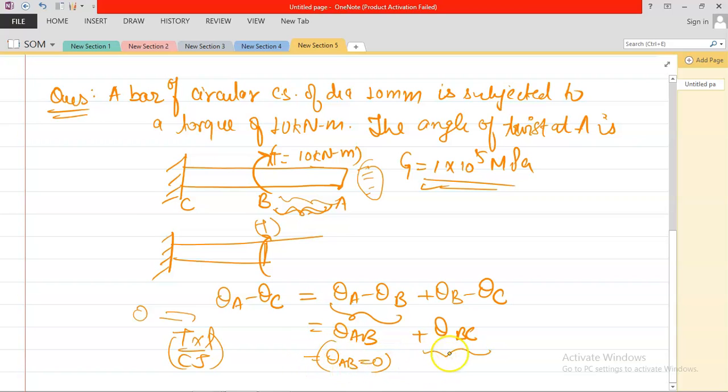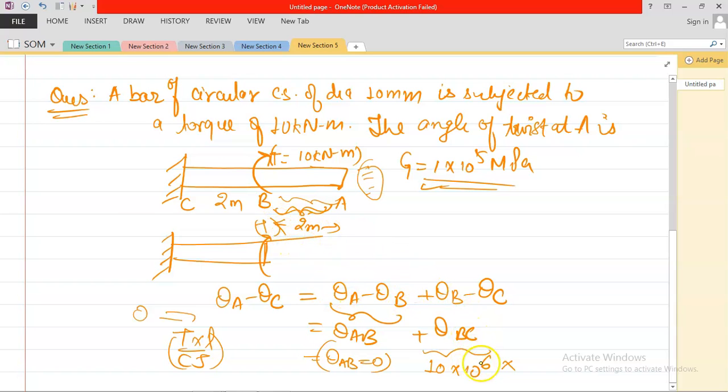That means you need to find theta BC. Theta BC is equal to T into L by GJ. What is torque? 10 into 10 raised to the power 6, that is Newton mm, into L. What is the value of L? I haven't given the value, and no one even asked what is the value. I think no one is solving. 2 meter, 2 meter.